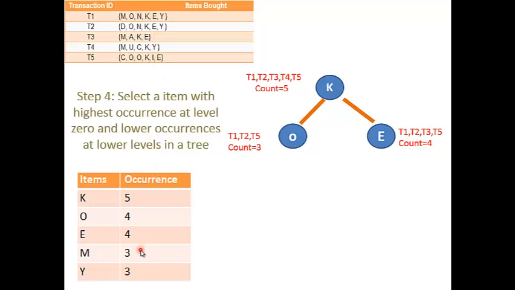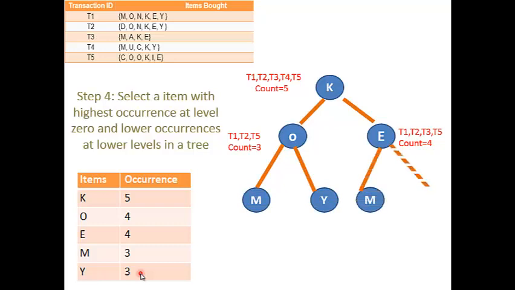Now we select the next lower elements, which are M and Y, at level 2. We have to search for M in these transactions only, T1, T2 and T5. We need not search in the entire set of transactions.